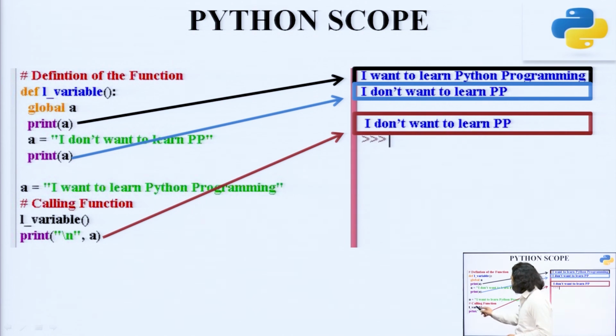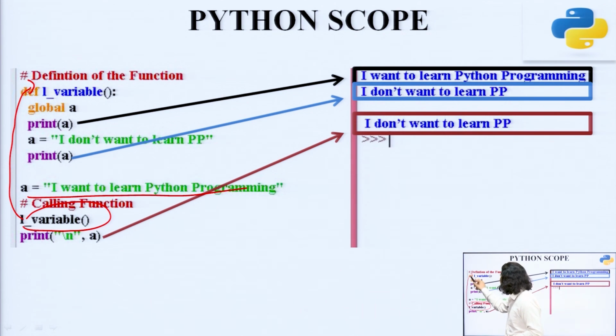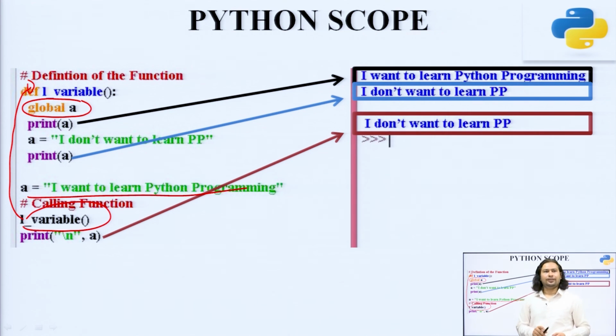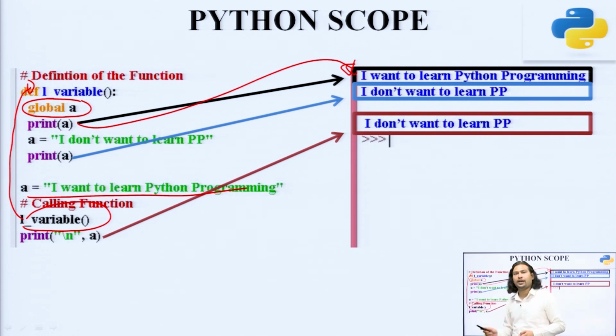Because in the very first statement you are going for the global a, and after that in the function you have clarified to the interpreter that we need to access the global a and we require its value, and due to this you can see the output, "I want to learn Python programming." It is coming from the global variable, not from the local variable.